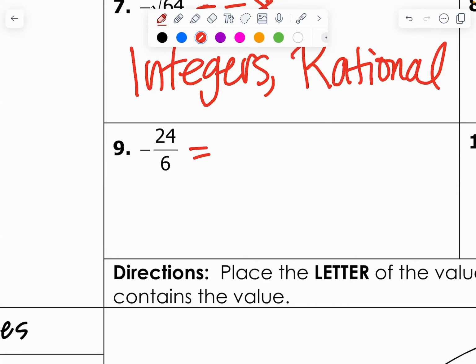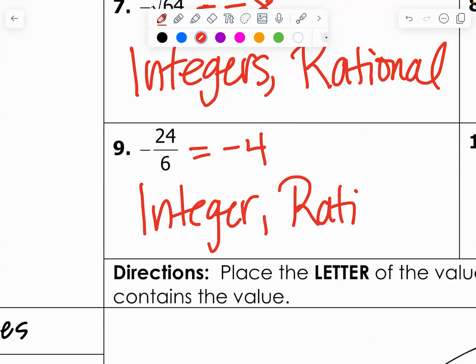So really, we need to figure out where -4 belongs. -4 would belong in our integer bucket. And our integer bucket also belongs in our rational bucket.